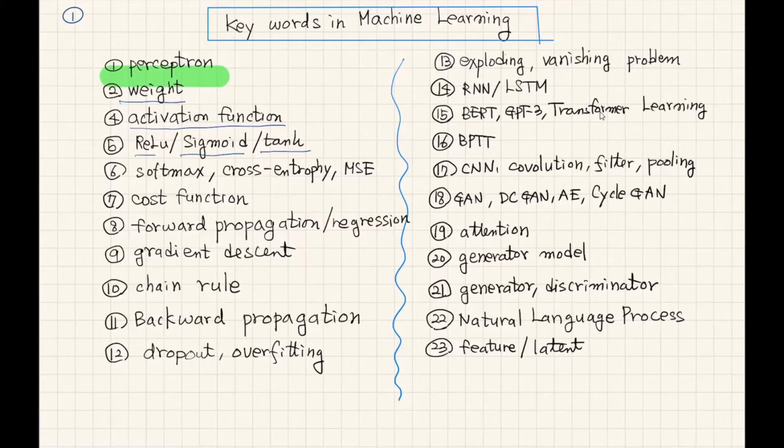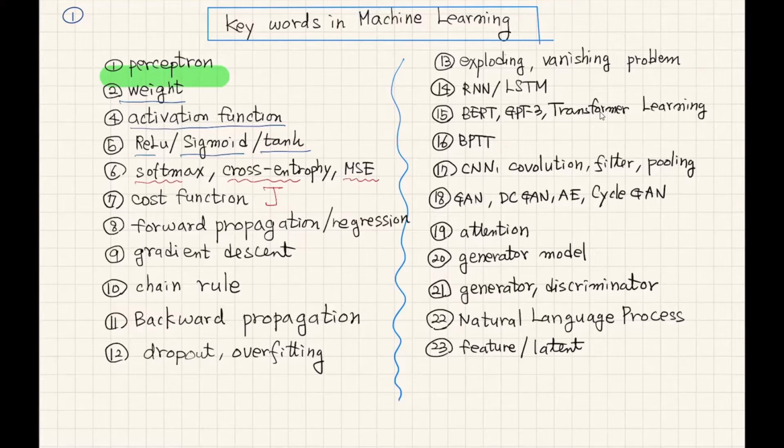Also, at the last stage of the deep neural network, to define the loss function, sometimes we use the softmax function, sometimes the cross entropy function, or sometimes the mean square error function. One of these functions will be used to define the cost function, and that will be used to update the weight parameters.